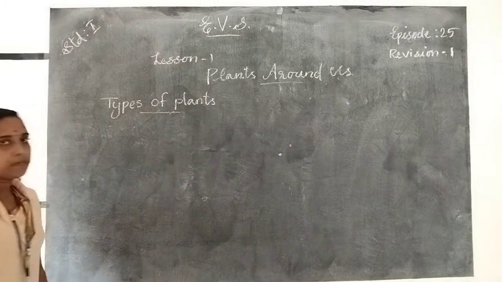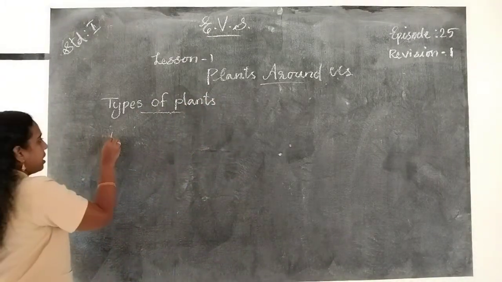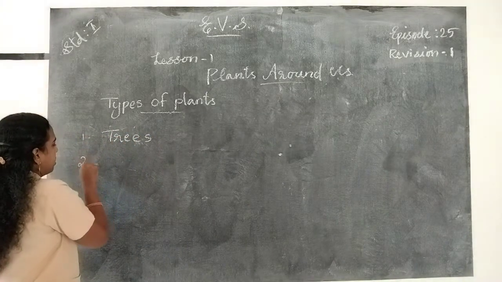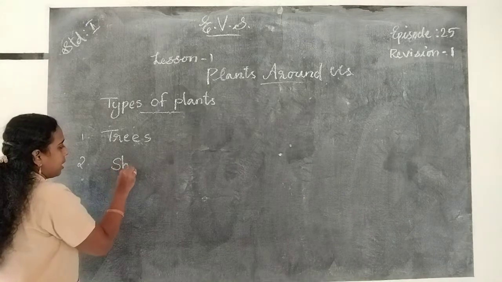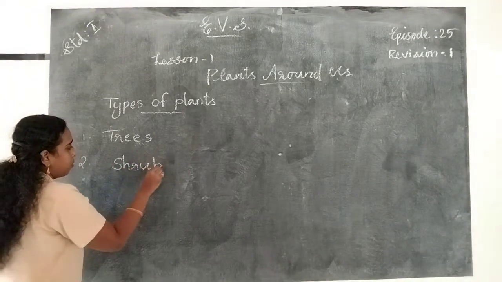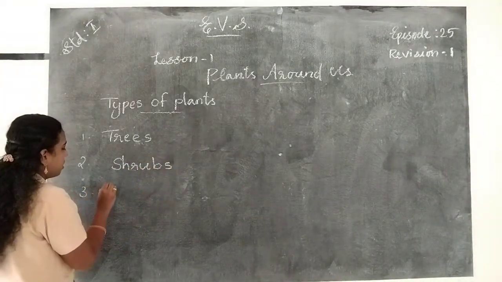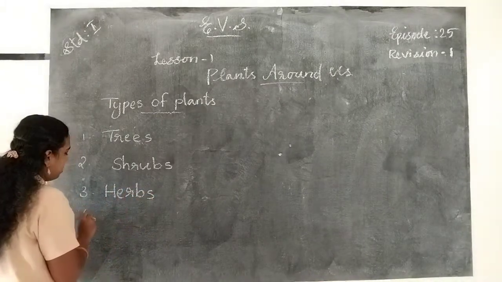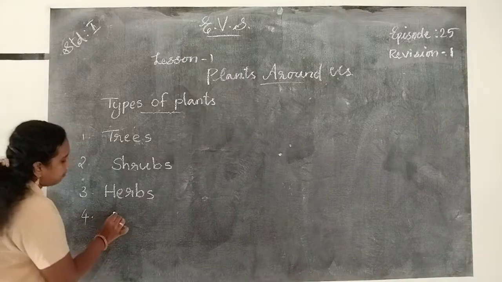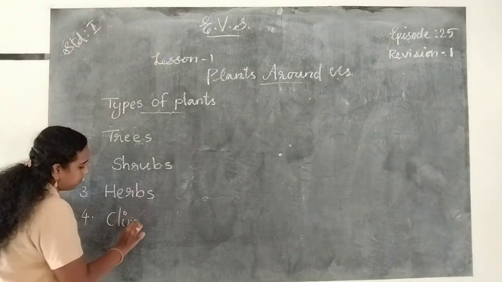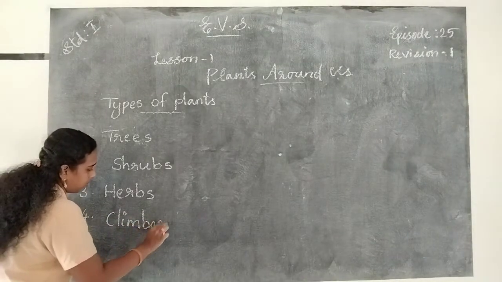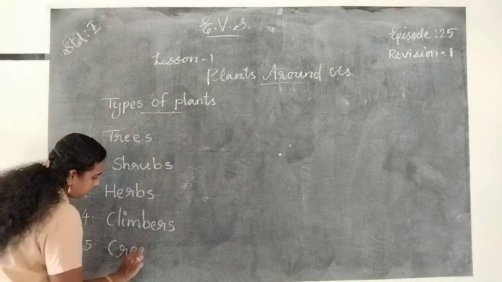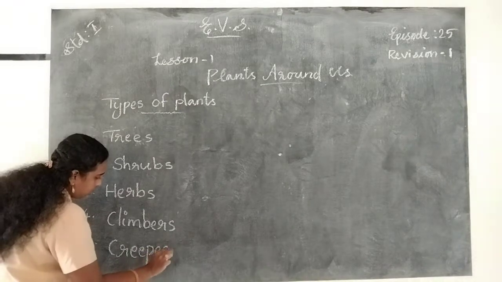Which are the 5 types of plants? Trees. Second, shrubs, S-H-R-U-B-S. Then herbs, H-E-R-B-S. Then climbers, and creepers.